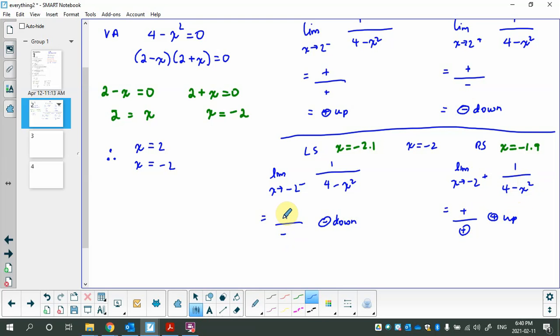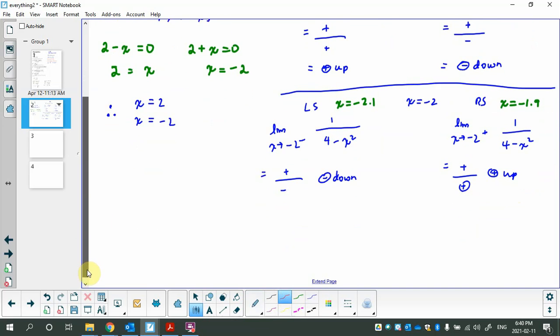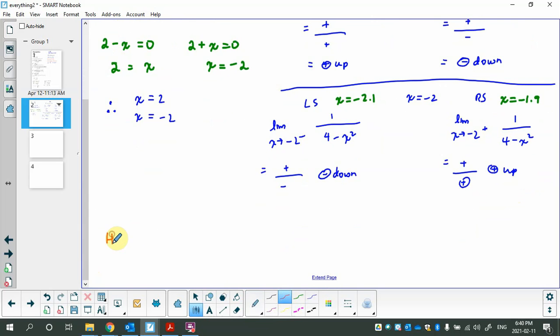I'm going to change colors and do horizontal asymptotes. Then I will take a little hand break. So horizontal asymptote, limit as x approaches positive, negative infinity. Now you know that limits are part of calculus. And it's 1 over 4 minus x squared.